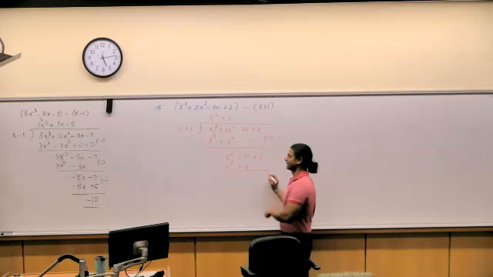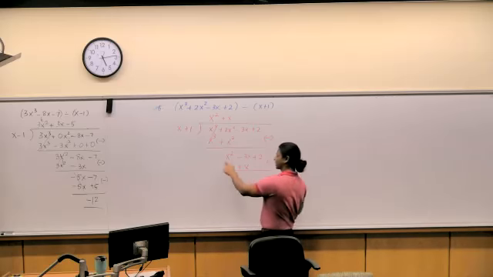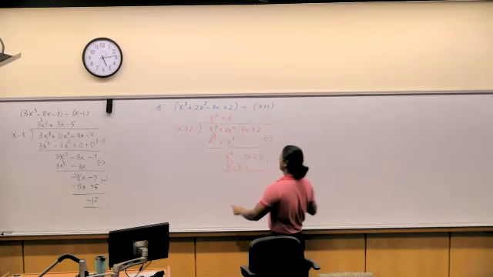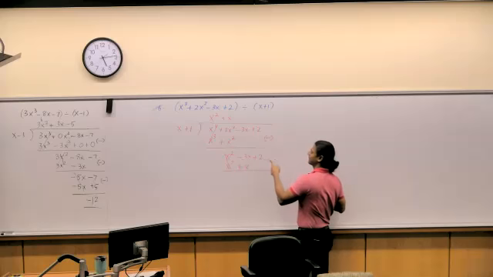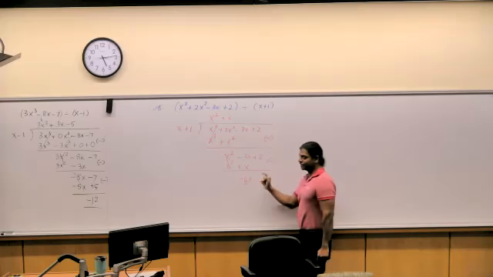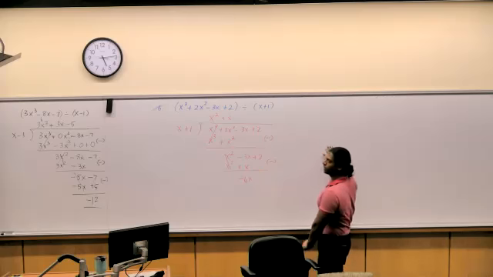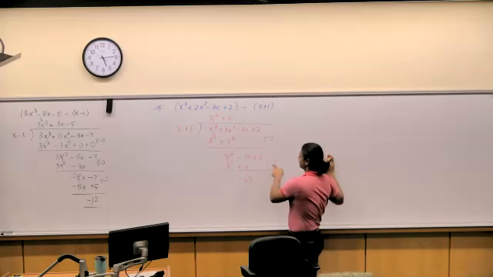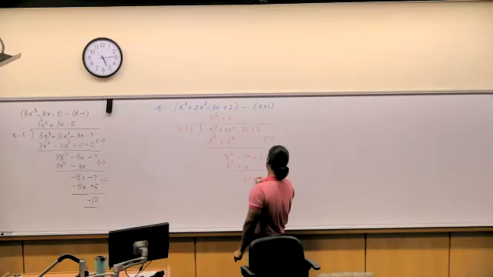Always subtract. x squared and x squared will get cancelled. Negative 3x minus positive x is negative 4x. If you can't do it right here, do it on the side so that you don't make mistakes. 2 minus 0 is just 2.